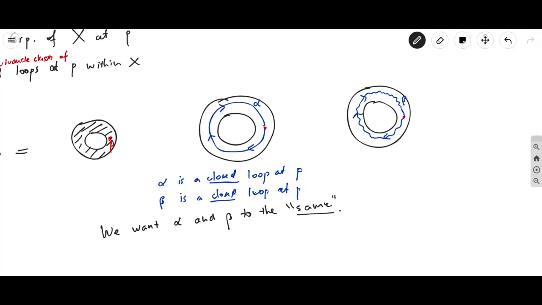Now, they're obviously not the same loop. You can see they're different loops, but we want to treat them as equivalent, right? So the mathematical term here is we talk about equivalence classes. You want to treat them as being equivalent objects. Even though they might not be the same, you want to treat them as equivalent objects. And the reason for this is because in topology, as we remarked, we do not care how big something is or how small something is.